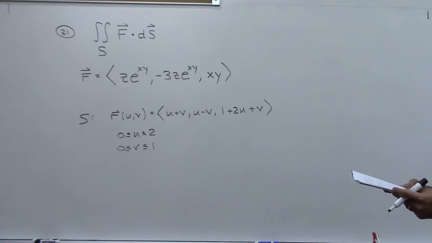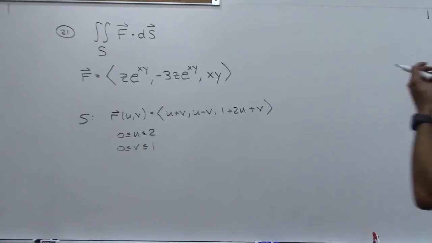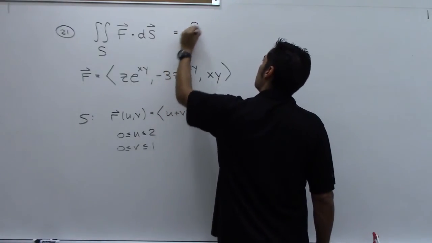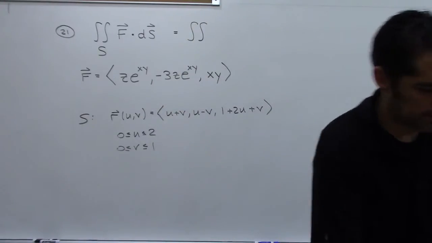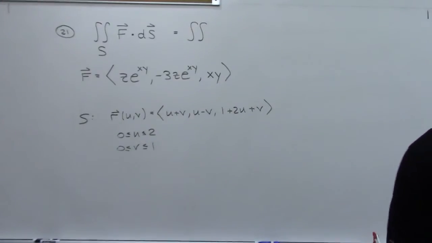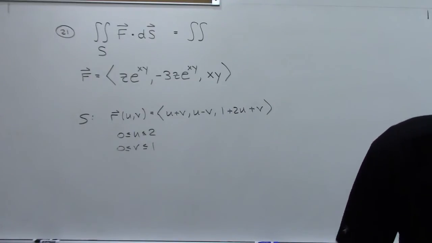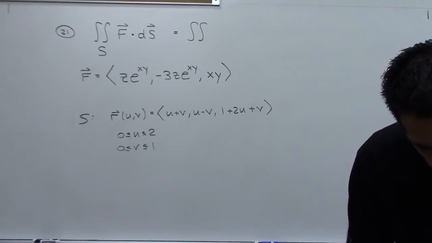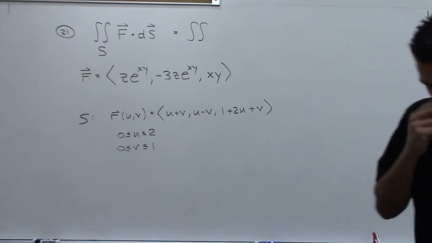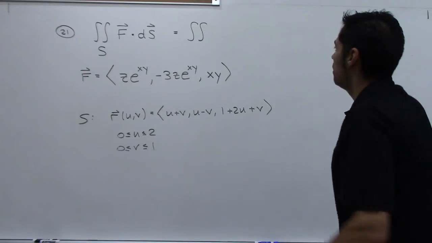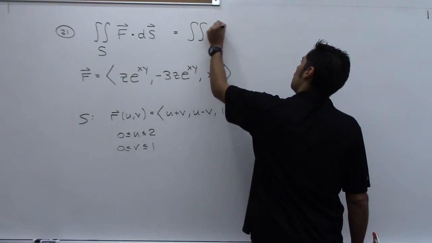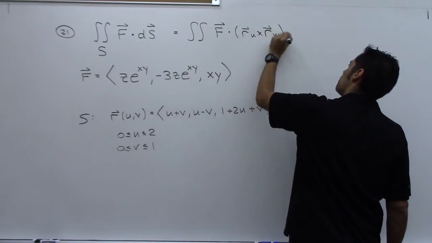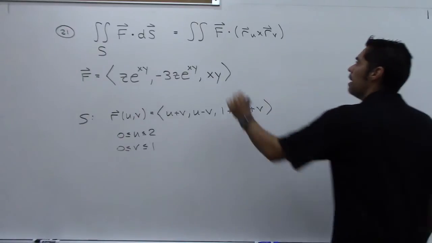So I'm going to be using the formula that this is equal to the double integral, and in the notes I'm referring to, formula 1377, of F dotted with partial R with respect to u cross partial R with respect to v dA.